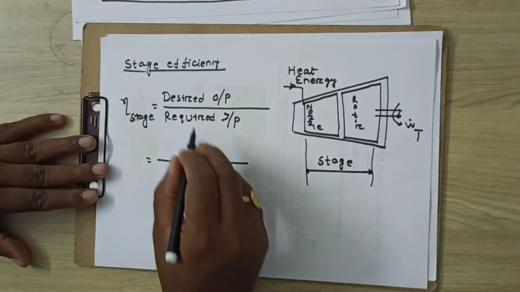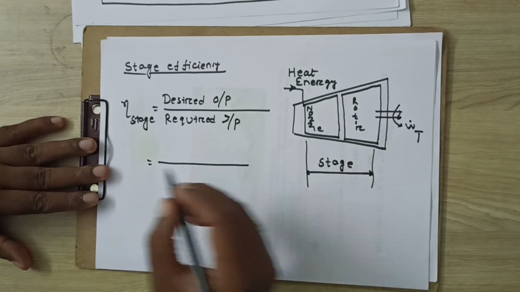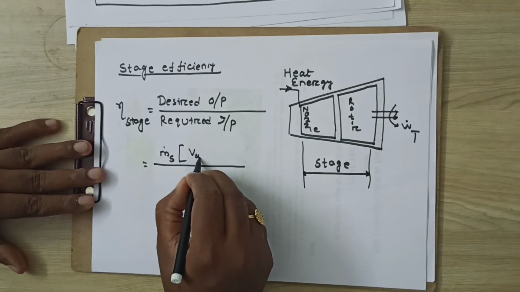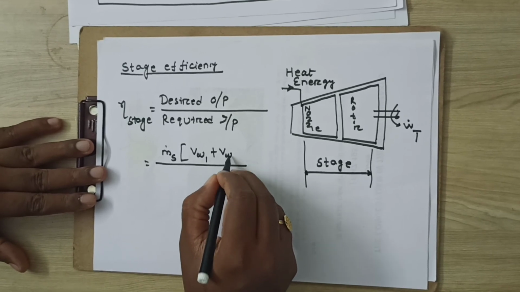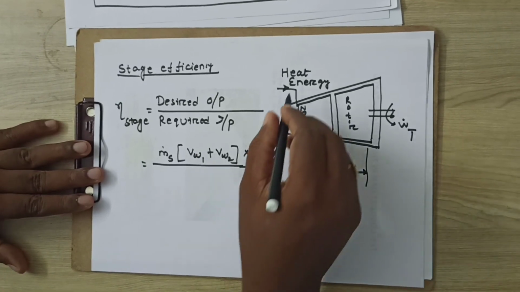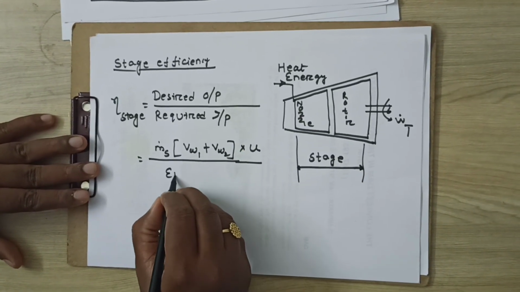In terms of desired output, power developed by turbine blades, this will be m dot s whole into VW1 plus VW2 into U, and required input is heat energy or enthalpy drop.